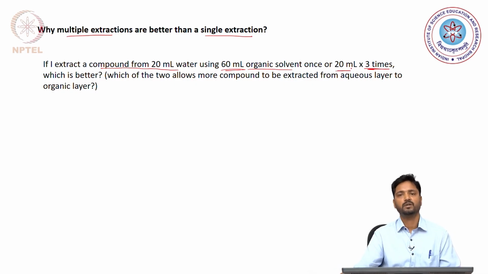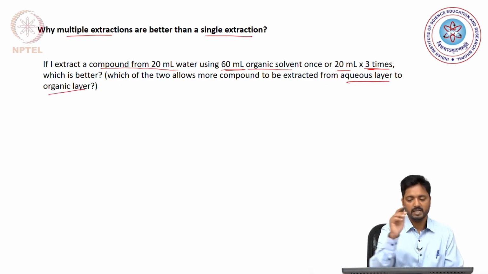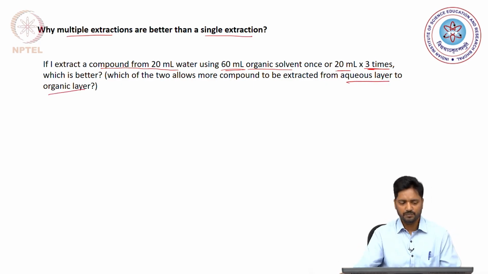And the question in front of us is which of these two protocols is better or is more efficient in extracting the compound from aqueous layer to the organic layer. I will give you the answer to begin with, and then I will try to explain to you mathematically how this happens.